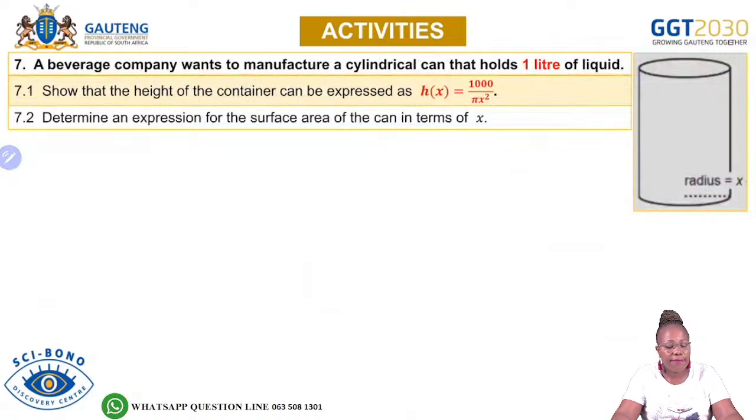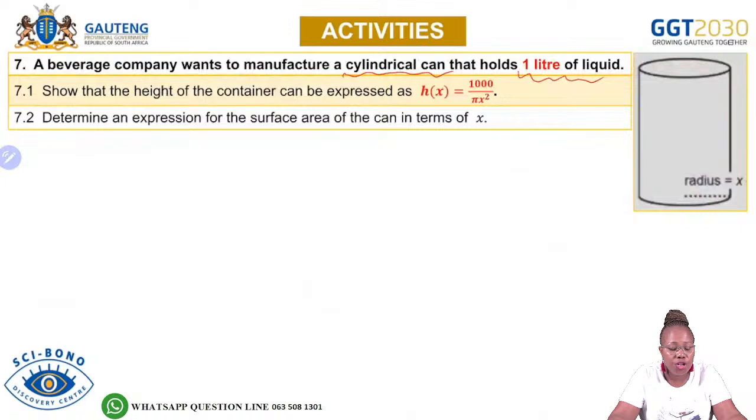And then number 7, we have a beverage company, and this company wants to manufacture a cylindrical can. So we are working with a cylinder now. And then this cylinder can hold 1 liter of liquid.